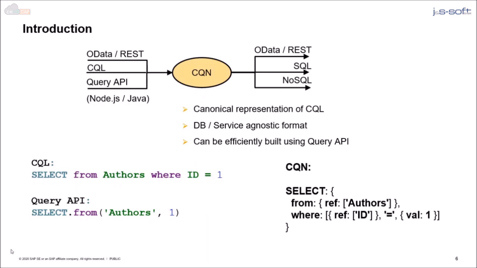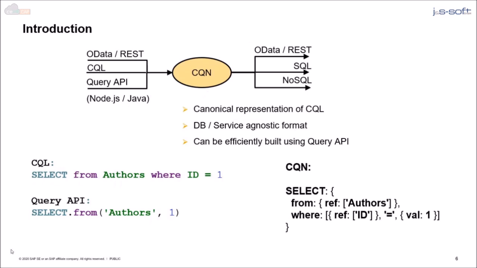And again, on the left side below, you can see the query API, which is a very short statement for how you can create this whole CQN by just taking the select object, which is usually provided in your custom handler, or which can be easily required if you create your own Node.js application. And then you just call the method from, having two parameters, the name of the entity and the key. And that's it. With this simple statement, you can create the CQN on the right side.